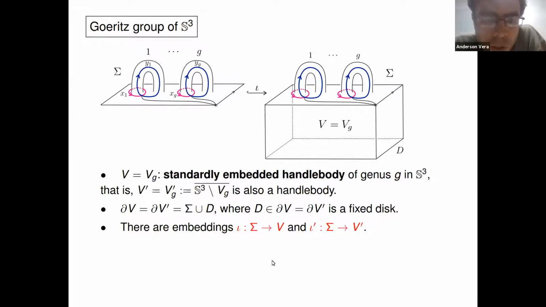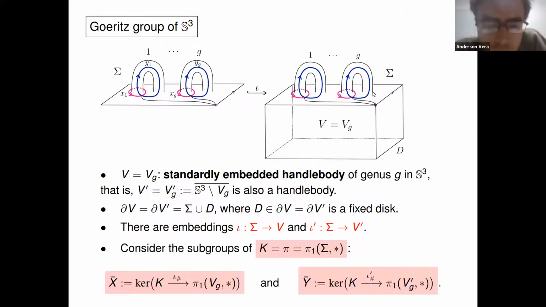In this way, we obtain two embeddings: iota from sigma to the inner handlebody, and iota prime from sigma to the outside handlebody. By considering the induced maps at the level of the fundamental group and taking the kernels, we obtain two normal subgroups of pi. So we are in the setting to consider the double lower central series.